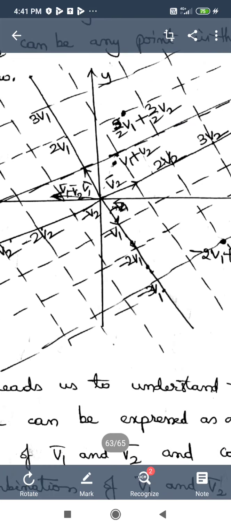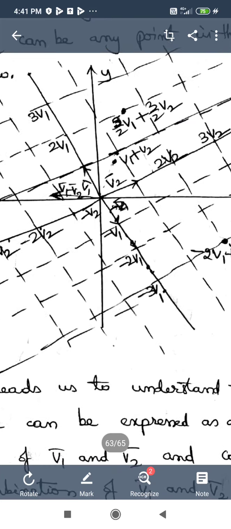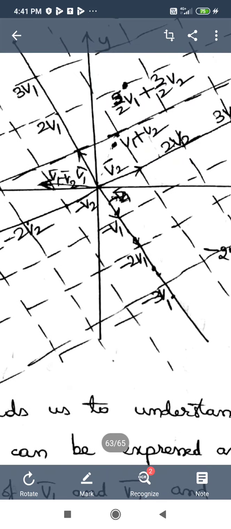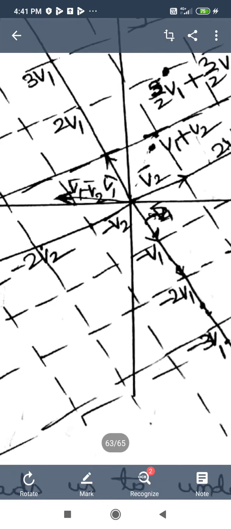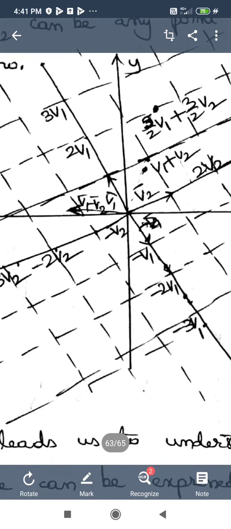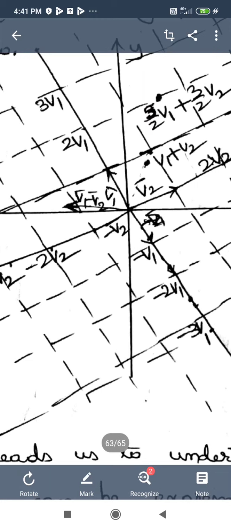as per the need. And for v1 also we can see the same thing. I have taken v1 bar scalar multiples on the same line where v1 bar is existing.